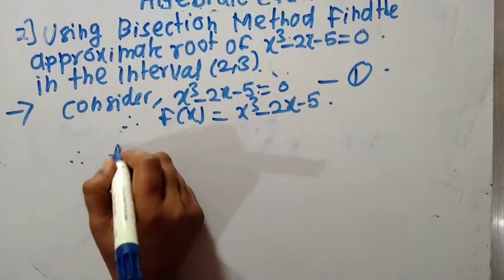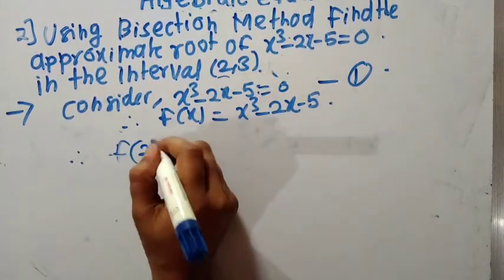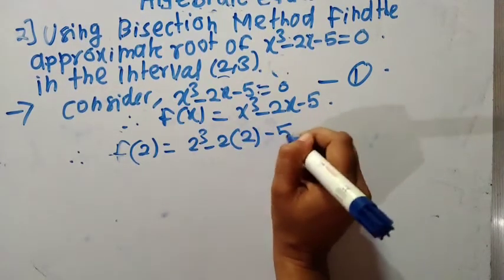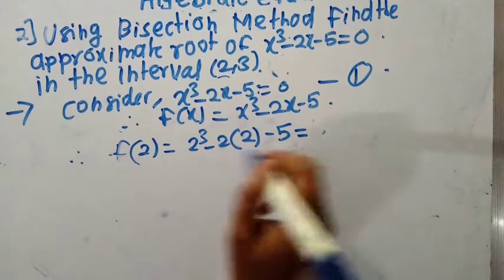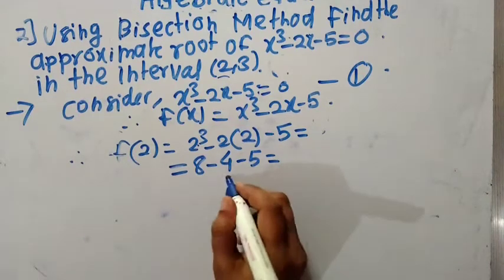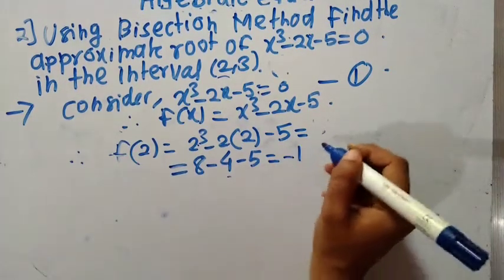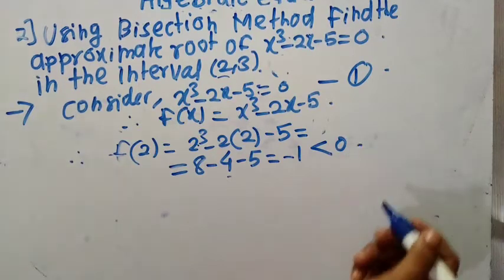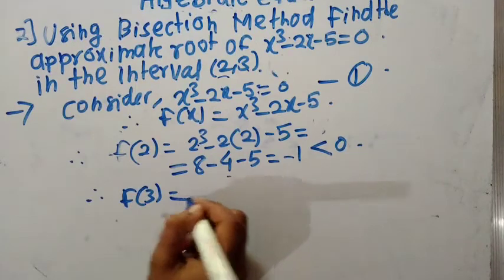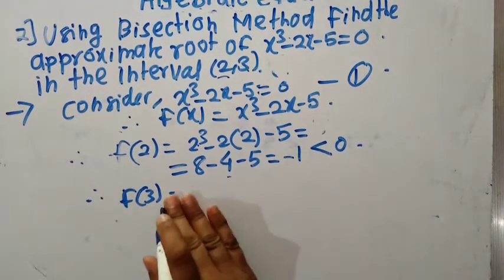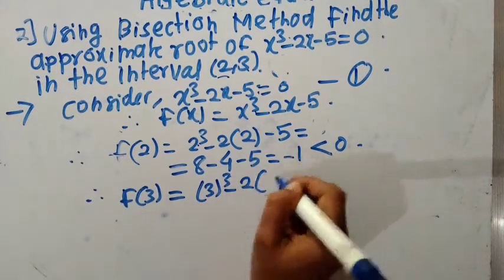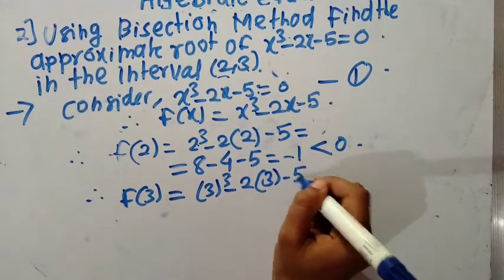So first upon put 2. So 2 cube minus 2 into 2 minus 5, which is equal to 2 cube 8 minus 4 minus 5. 8 minus 4, 4 minus 5 is minus 1, and minus sign less than 0. Then find out f of 3, which is equal to 3 cube minus 2 into 3 minus 5.